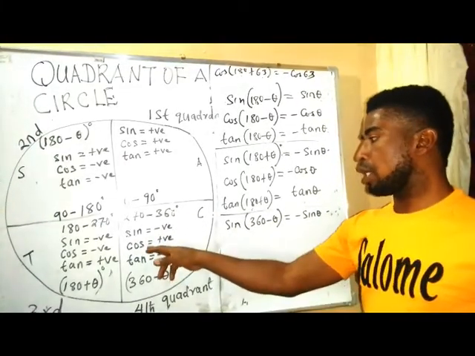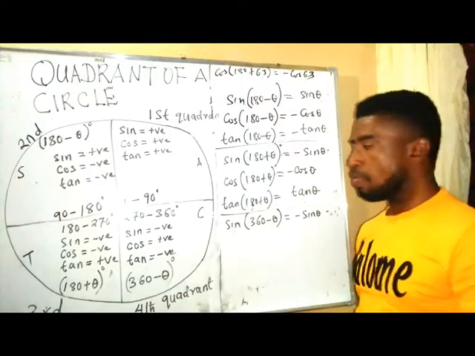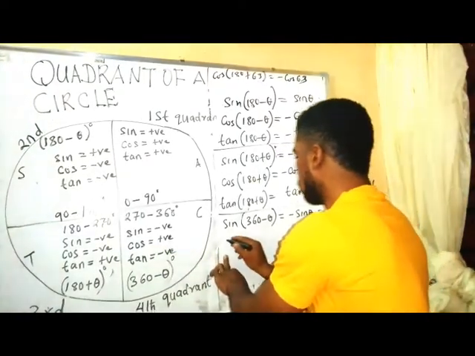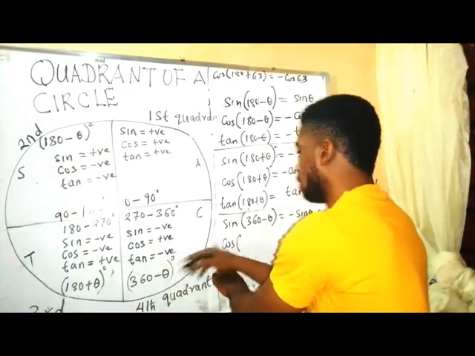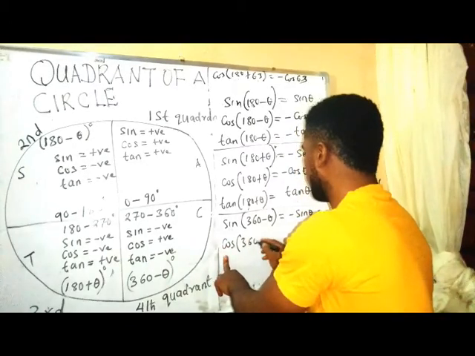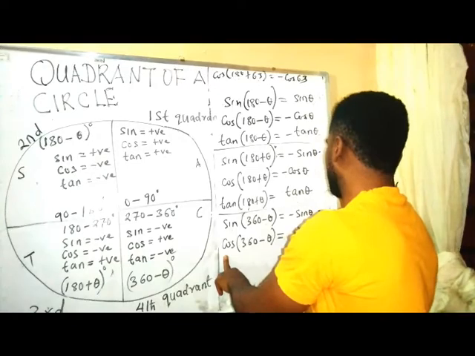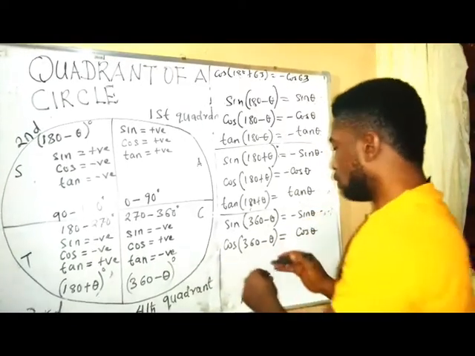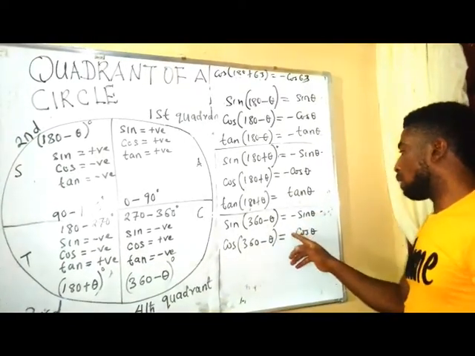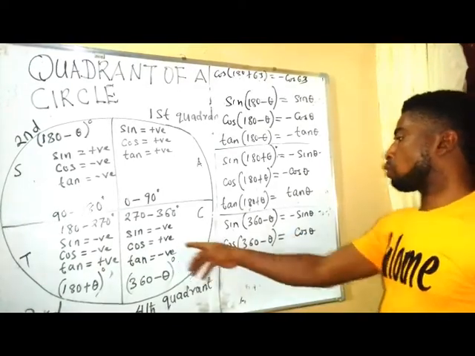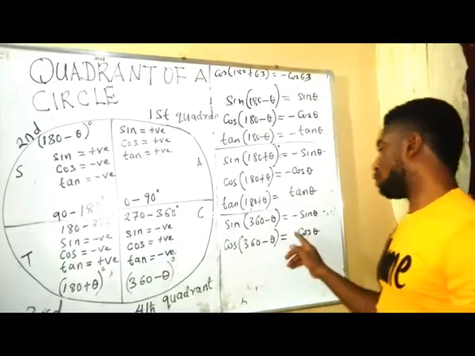Now let me get cosine of this range of angle. Cos 360 minus theta will give you cos theta. Notice that there is no minus here, because at the fourth quadrant cos is positive.